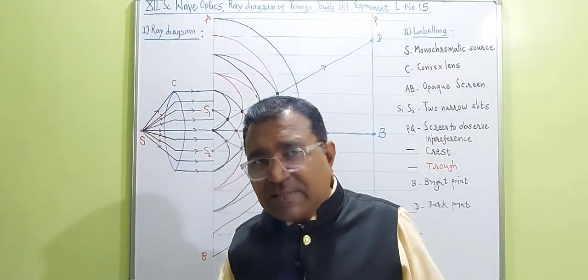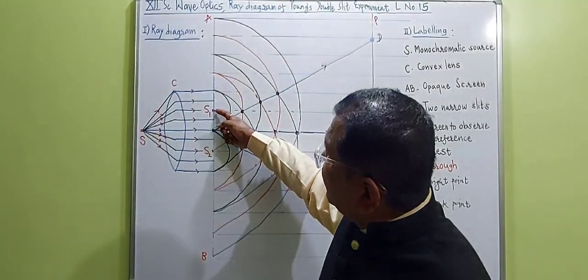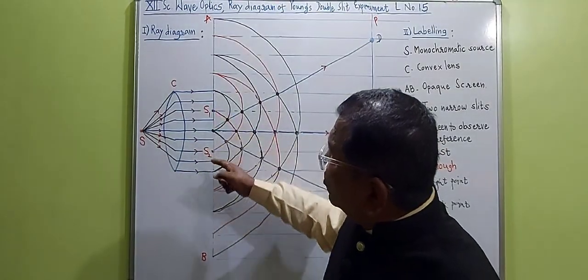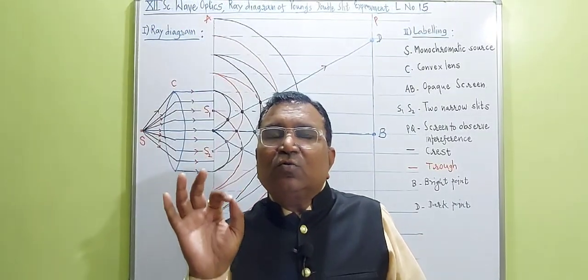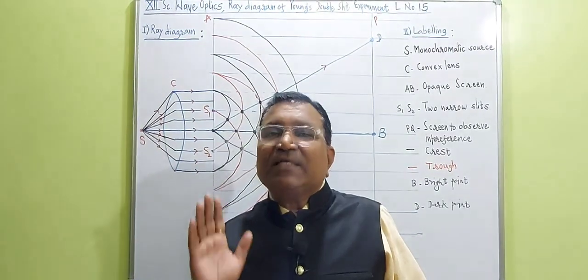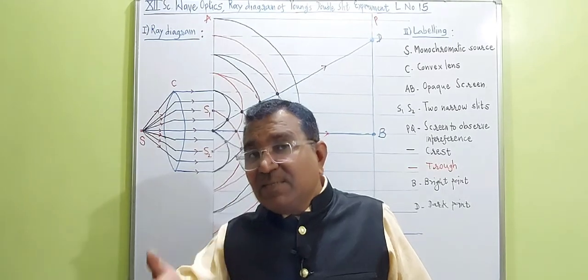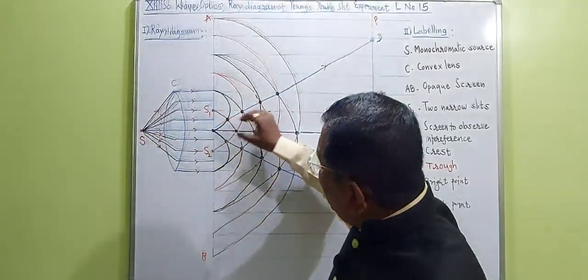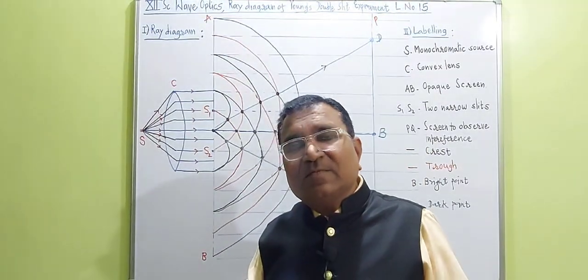This is the next sentence. Another sentence: the distance between these two narrow slits is about 2 to 4 millimeter, to get a steady interference pattern. Next sentence: waves are emitted from the two sources.